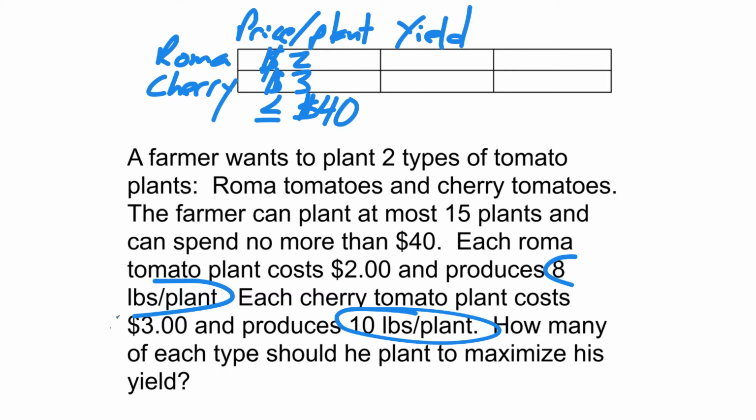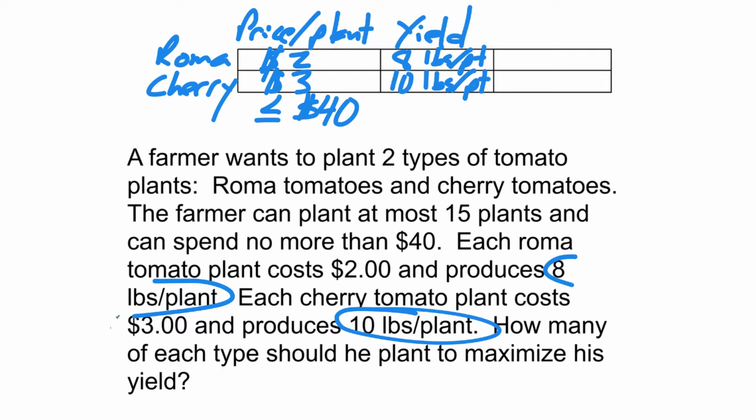Look down at the paragraph. How much is the yield per Roma? 8. Yep. It is 8, and I'm going to be specific here, 8 pounds per plant. And how much is it per cherry? 10. And I'm getting that from the paragraph down here. So that's 10 pounds per plant.